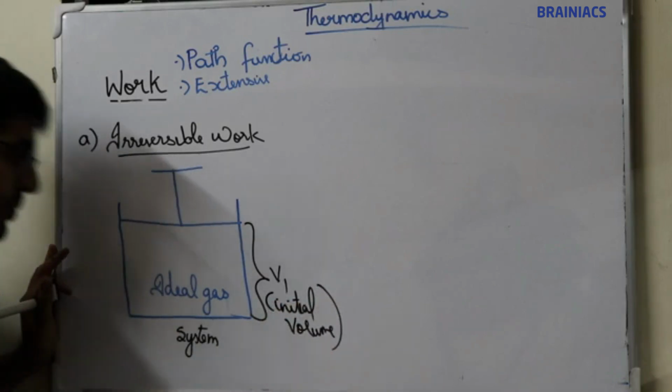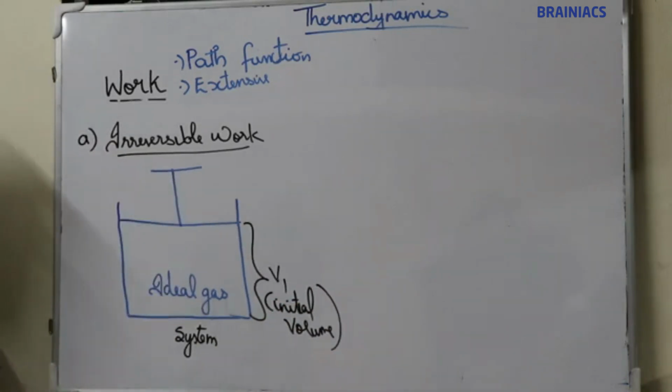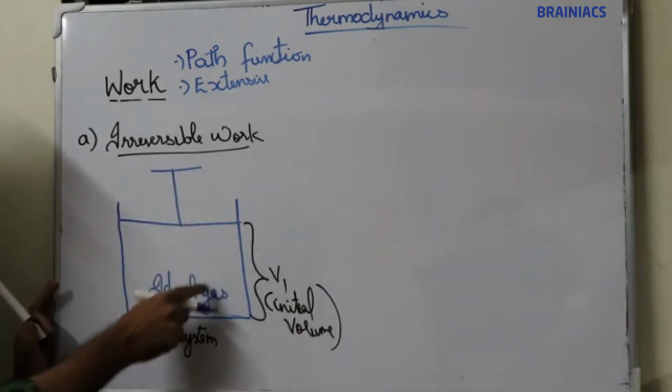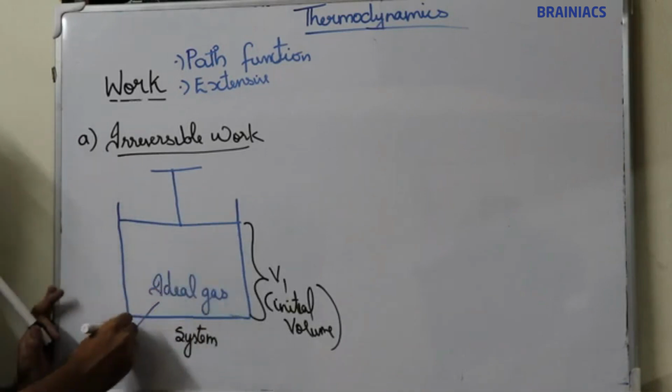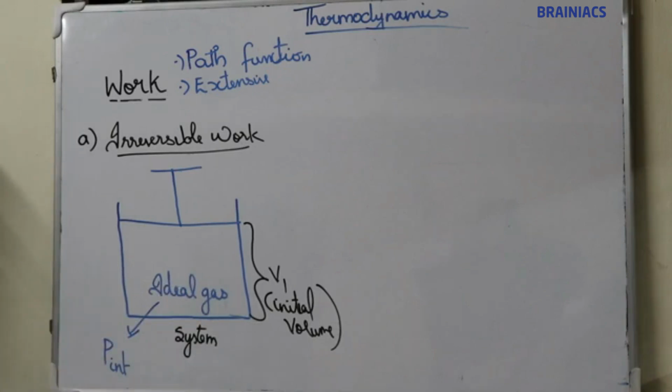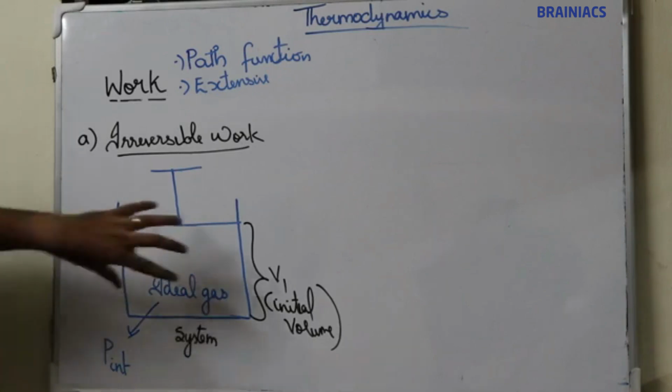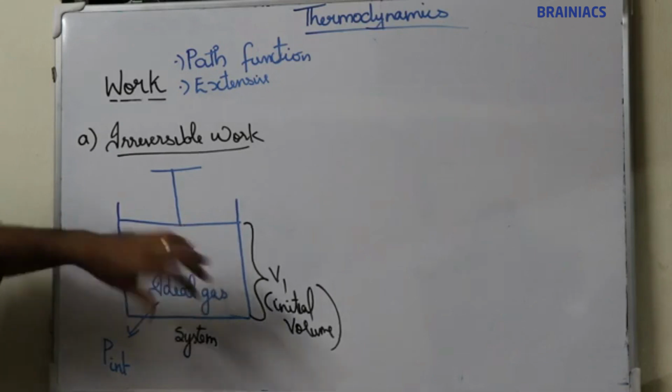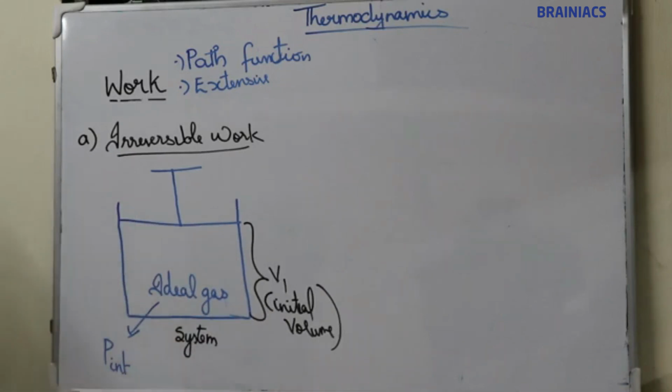Now, let the pressure inside the system, that is the pressure due to the ideal gas, be the internal pressure, P internal.